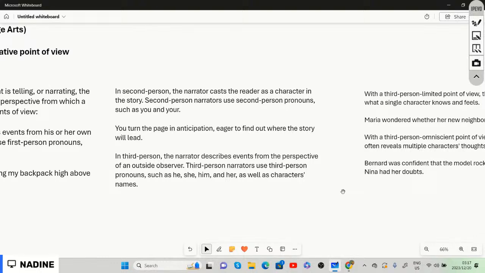And now we have the third person. In the third person, the narrator describes events from the perspective of an outside observer.